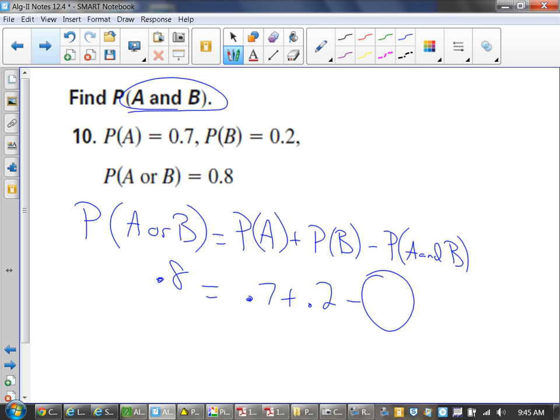It's right here. A or B is 0.8. So that's where it starts out. Remember, the formula itself is the A or B. So you wind up with a very simplistic one-step equation that most of you will probably be able to solve in your head. Okay.